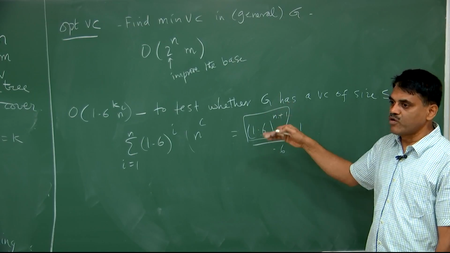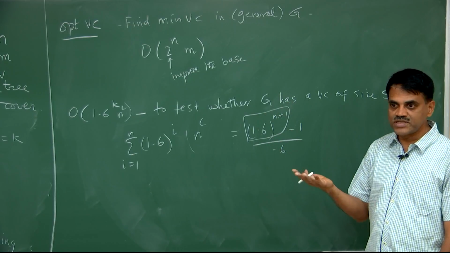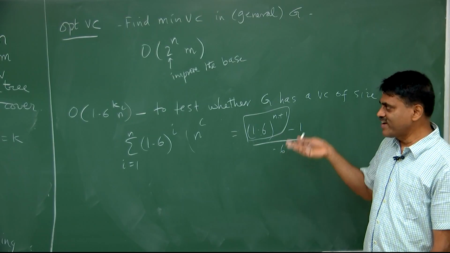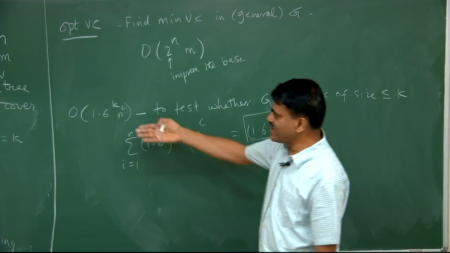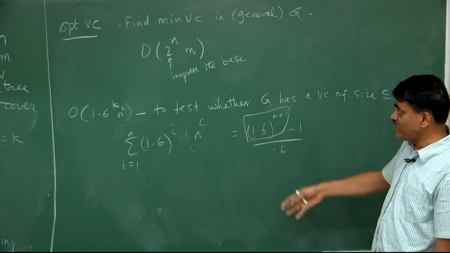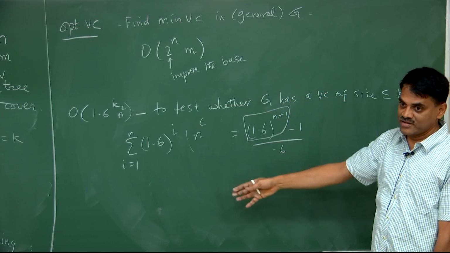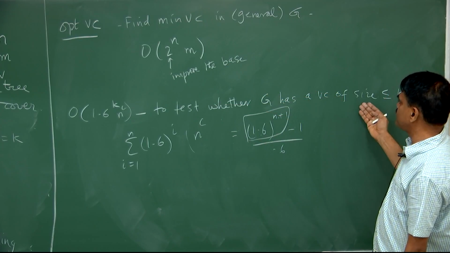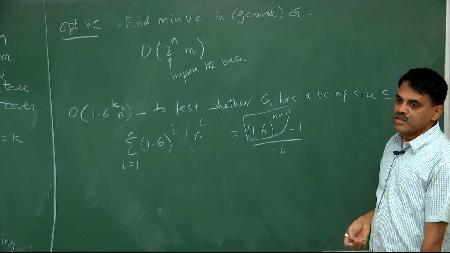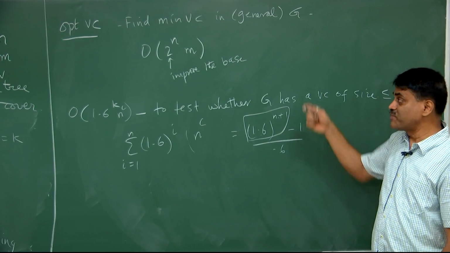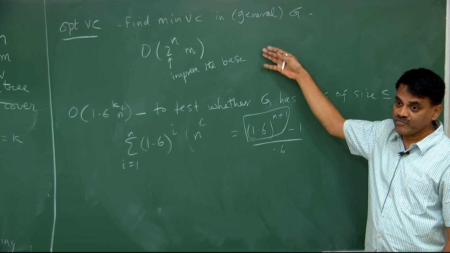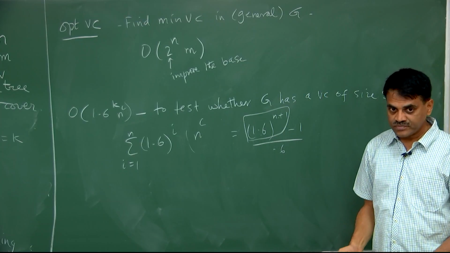Everything else is a big O. It's a completely trivial thing. If I can test for a particular k in this much time, try all possible values of k. It's a geometric series. When you add them all, you're beating 2 power n. So this is not only useful for testing whether there is a cover of size at most k, you can actually improve the base for the optimum solution also. But sometimes the optimum can be done even better, if you do the branching.